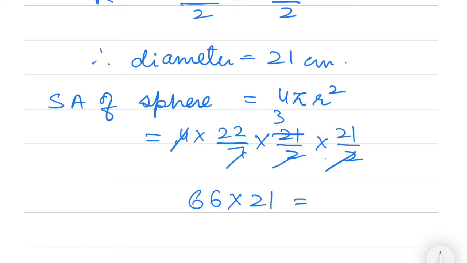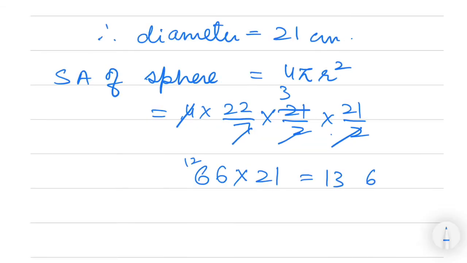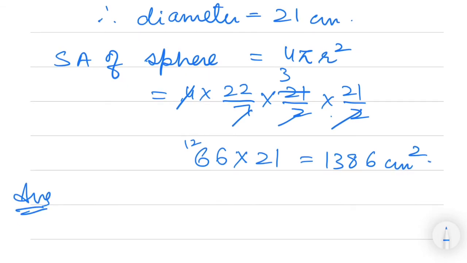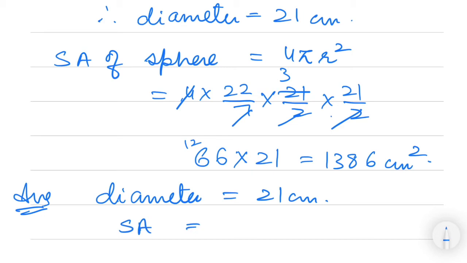So we get 1386 centimeter square. So answer I can write down as diameter is equal to 21 centimeter and surface area is equal to 1386 centimeter square.